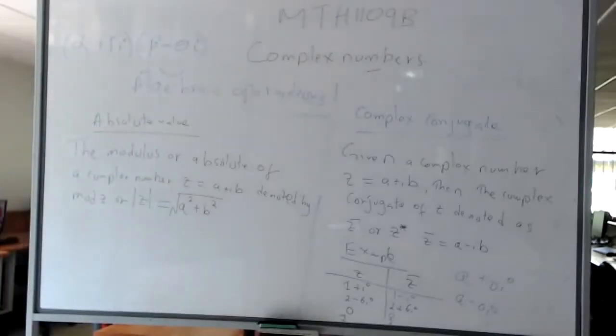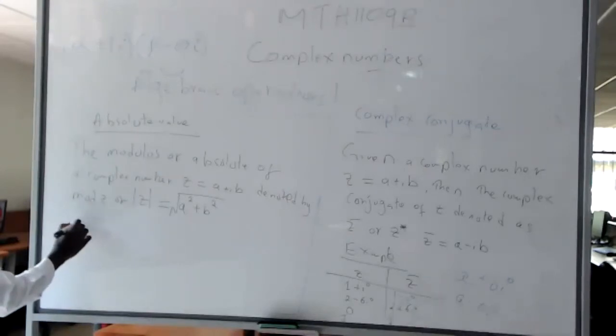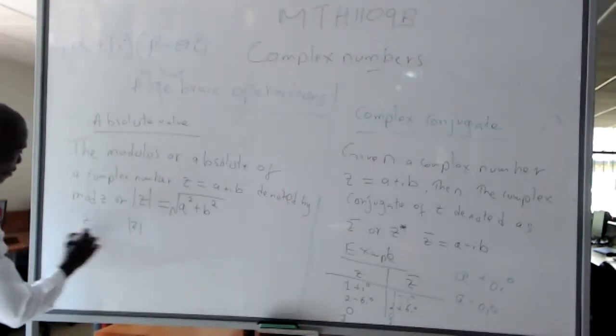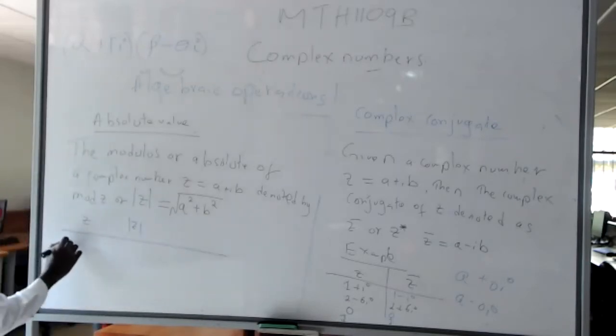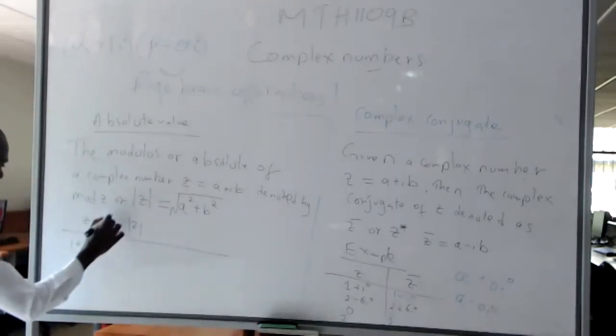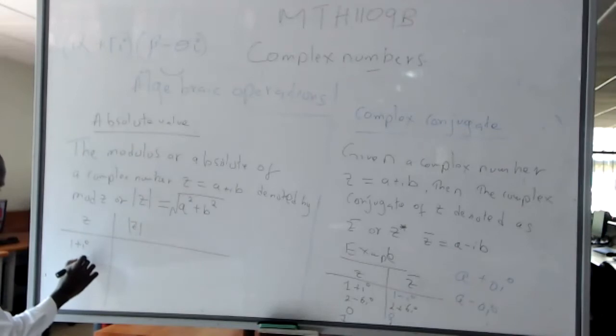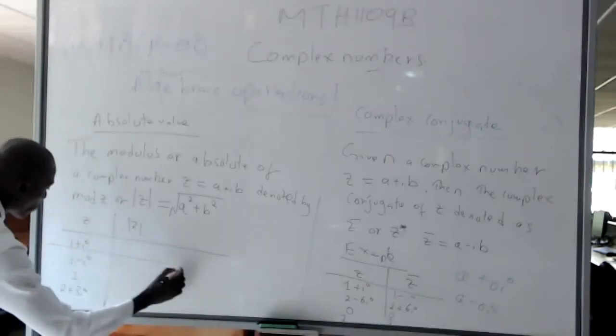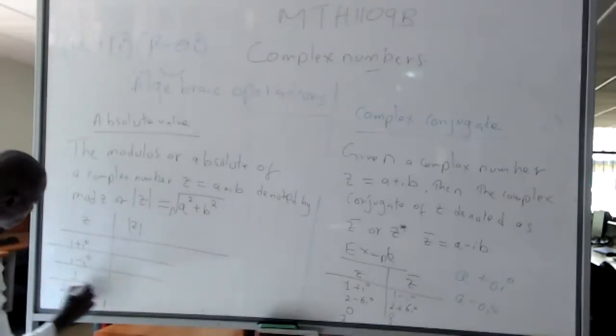So let me give an example before I talk about properties of this. So for example, let's have z, then the absolute value. We will have a table: 1 plus i, 1 minus i, 1, maybe 2 plus 3i. So let's see.